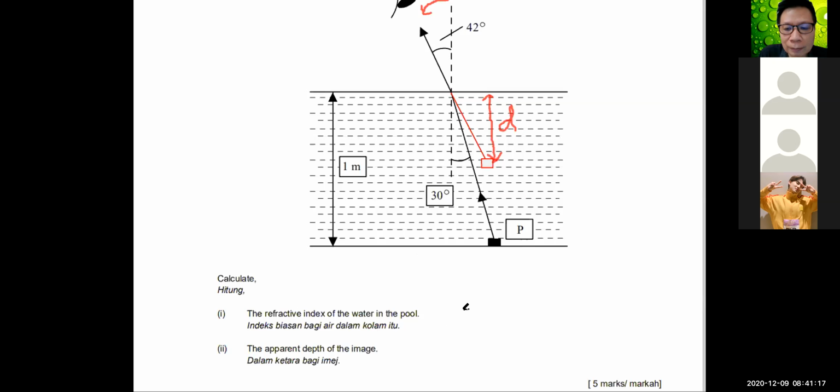Yes, n equals sine i divided by sine r. Yes, correct. Use the formula, please. n equal to sine i over sine r. Everyone, please do sine i divided by sine r, but you have to be careful which is i and which is r.